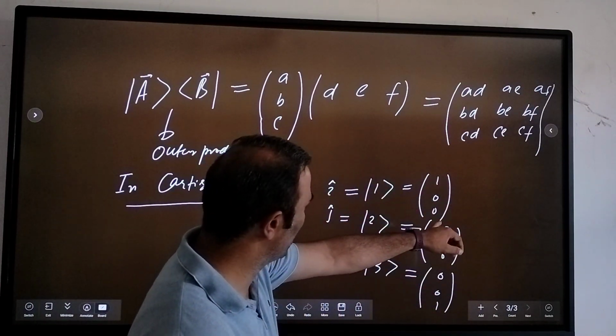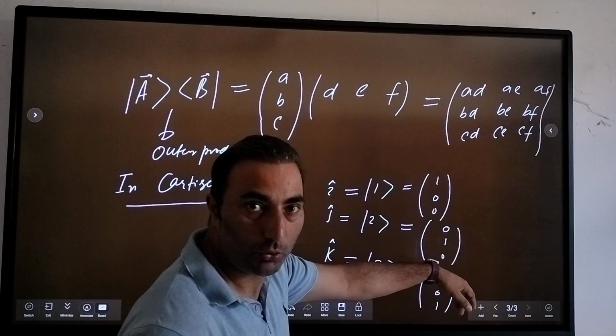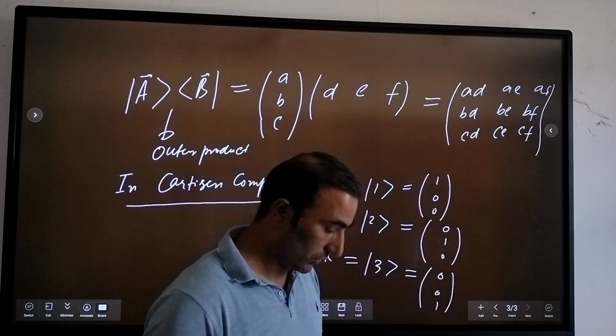The second is j, that means the second component, 0 1 0, and the third one is 0 0 1.